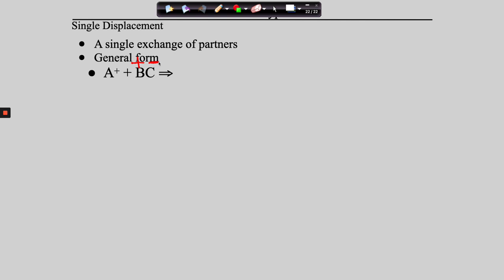Is positive A going to hook up with positive B or negative C? Positive goes to negative, so A is going to hook up with C. And guys, sadly, B goes home alone. It's the love triangle thing. A cuts in, grabs a hold of C, B goes home alone.